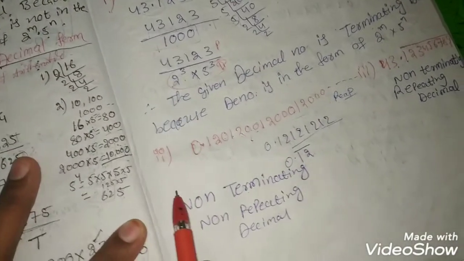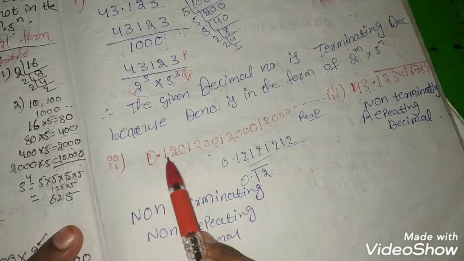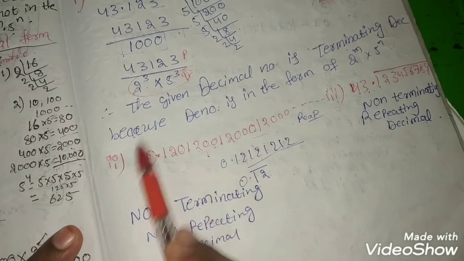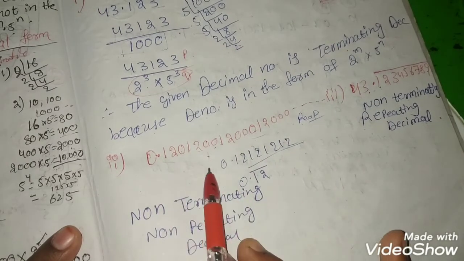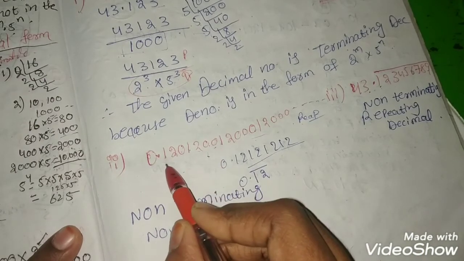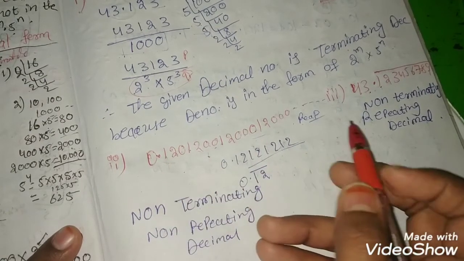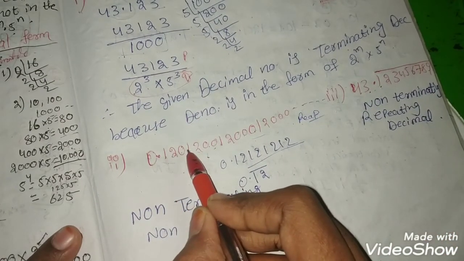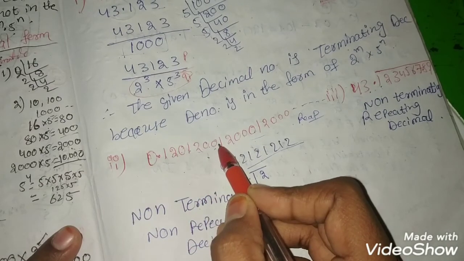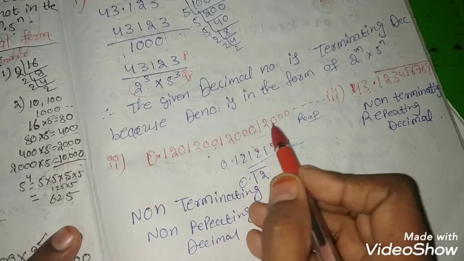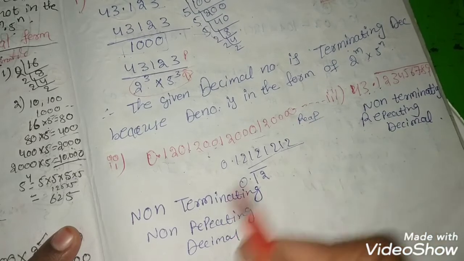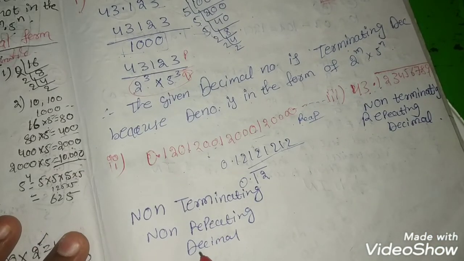See here, in the second question what they gave, 0.1201. Already I told you in previous classes. See, this is not in the repeating form, I mean 1201, 2001, with 4 zeros, and so on. Is it right?